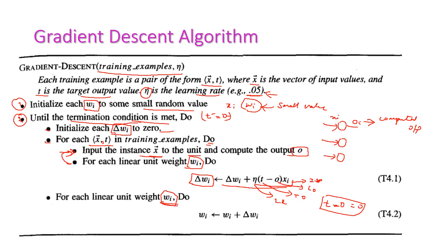So this is the new weight and this is the old weight plus the error rate, the adjusted weight. And this will be done for all the samples; until we meet the termination condition, these things will be repeated. So this is called the gradient descent algorithm.